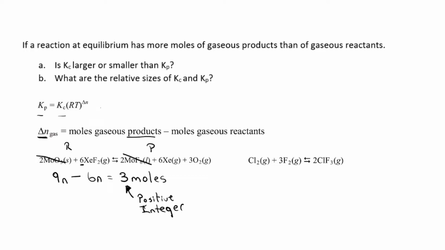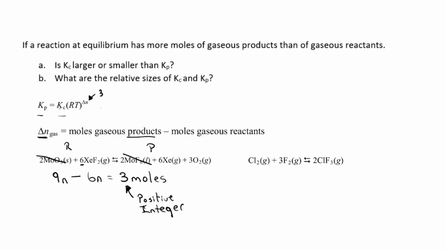And what that means, if this is 3, is that we take our constant and multiply it by the temperature and raise it to the power of 3.